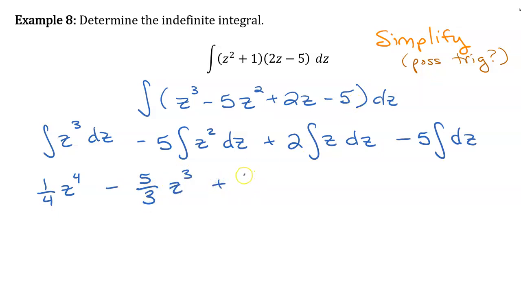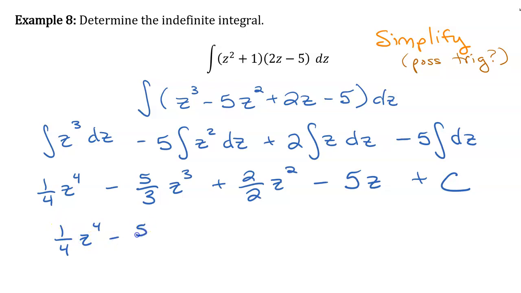Go up a power and divide by that power. And in the last case, we don't have a variable, so the variable appears, and the arbitrary constant. There's not much to simplify here, but there is a little. And there we are.